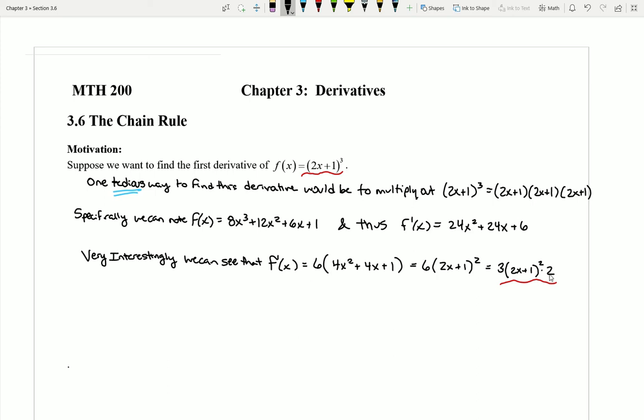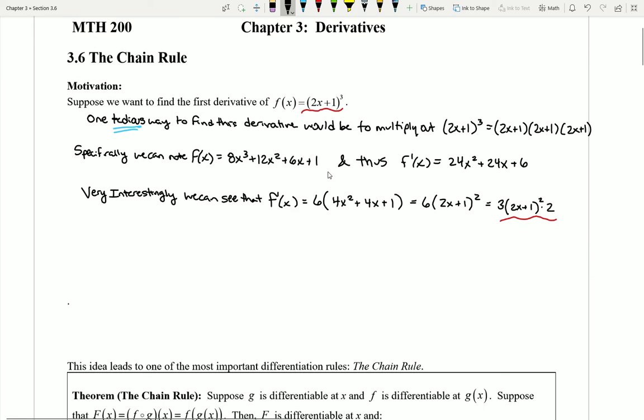But can you tell how this extra 2 relates to the stuff that's inside the parentheses? Well, it's actually the derivative of the stuff that's inside the parentheses.